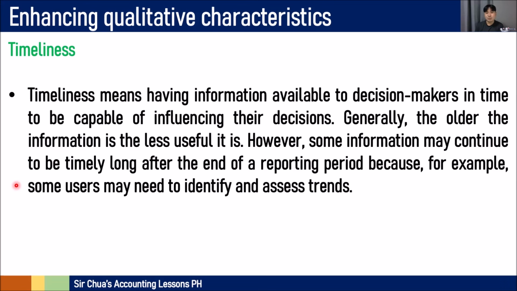Okay? For example, you want to assess the trend of sales. So when you're checking trends, it's not enough just to get 2 to 3 years. No? A trend is usually like 5 years. Or if you want a much bigger trend, 10 years. So, mas nagiging useful din yung old information when you are checking much more bigger trends.